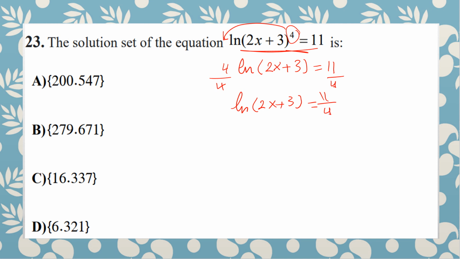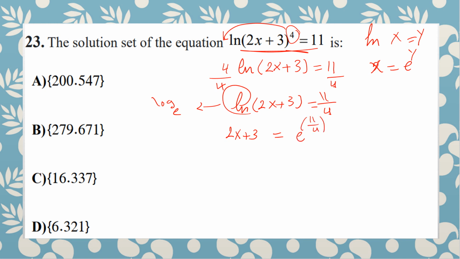Again, by using the rule which says that ln x equals y means x equals e to the power y. So by applying this property on this logarithmic equation, we get 2x plus 3, as ln here means log to the base e, equals e to the power 11 over 4.